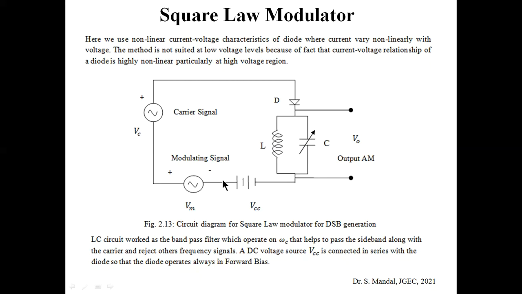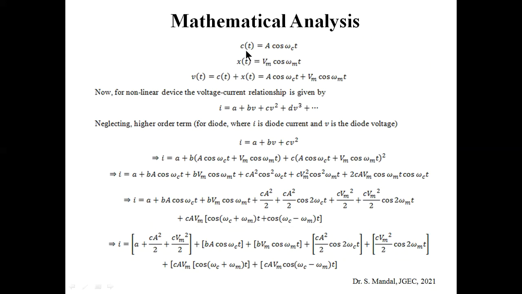Okay, so you can see that assuming the carrier signal c(t) is A cos omega ct, and assuming the corresponding message signal x(t) equal to Vm cos omega mt for single-tone modulation, obviously the voltage applied across the diode will be c(t) plus x(t), that is A cos omega ct plus Vm cos omega mt. Here we neglect the VCC term, as it is a DC voltage only, so there will be no contribution except a separate DC term that will be added into the equation, and that can be discarded later.